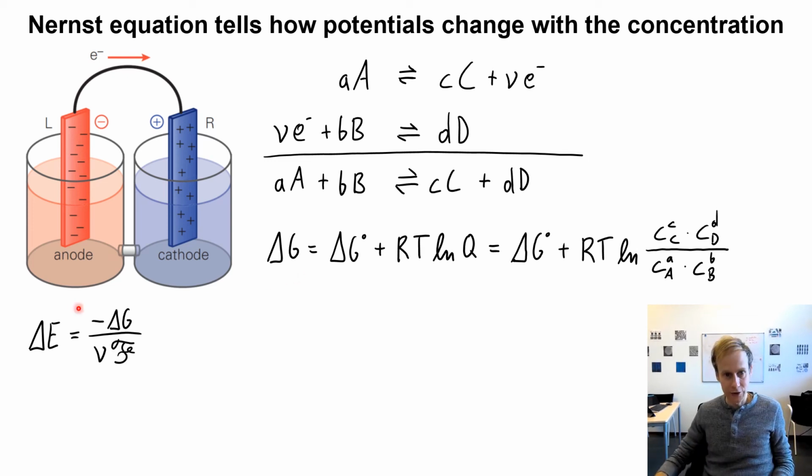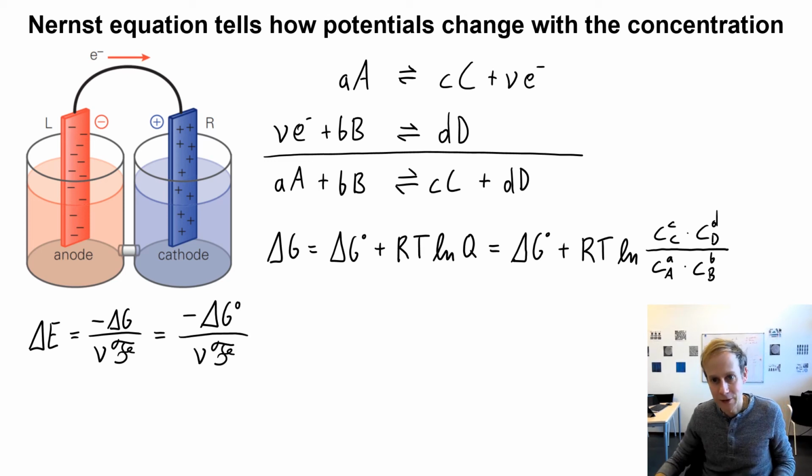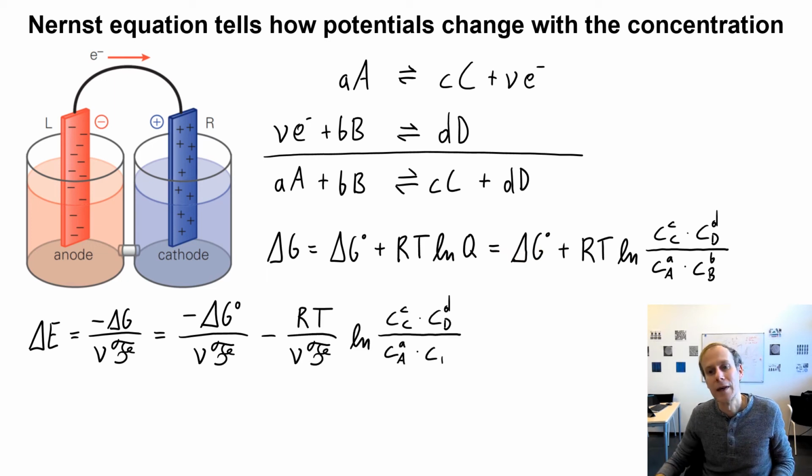The negative free energy change divided by the moles of electrons that flow times the Faraday constant, which gives the coulombs per mole. And now we can just plug that equation in for the delta G here, giving a negative standard Gibbs free energy change divided by the moles and the Faraday constant, minus the second part here divided by the moles and the Faraday constant.